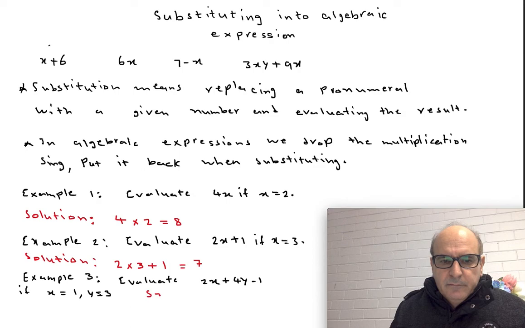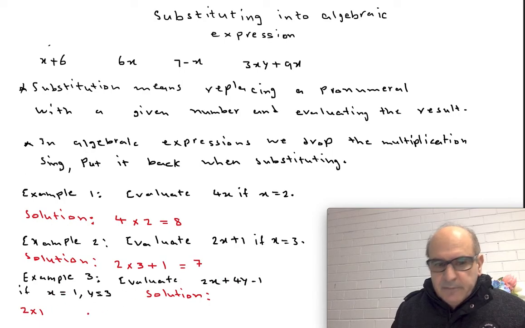Okay. For this one, remember there is a times between 2 and x. So I'm going to say that's 2 times x, but x is 1. They tell us x is 1, so 2 times 1.